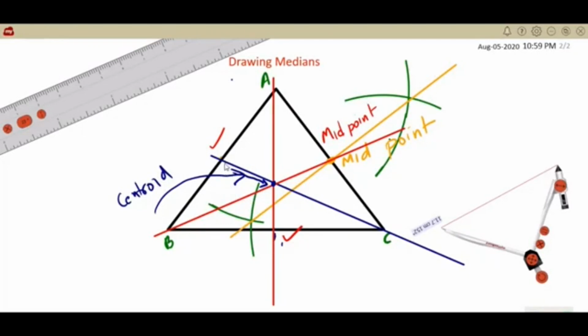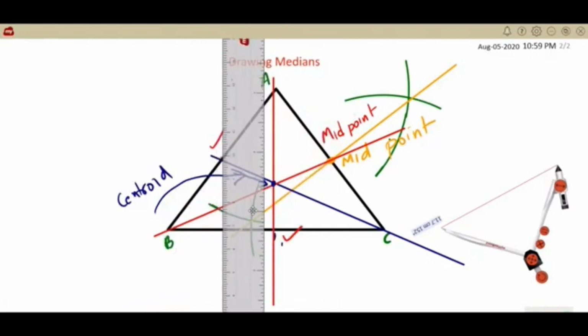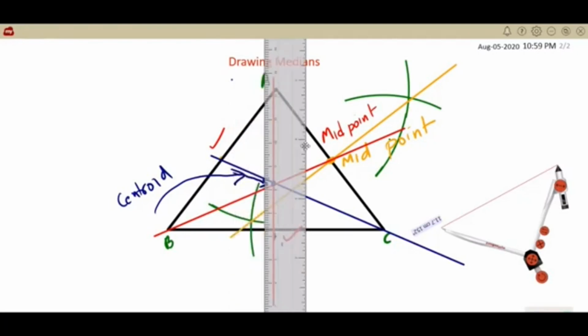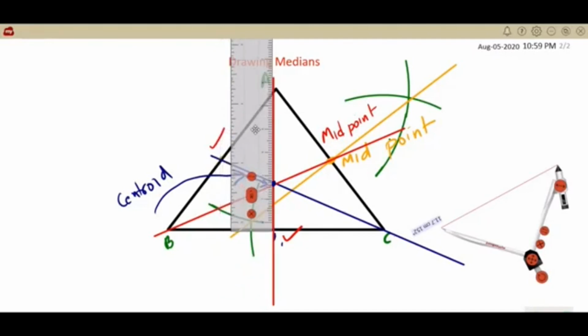There is an interesting point here. It is applicable for all triangles, that the medians meet at a point and we call that point the centroid, irrespective of whether the triangle is acute, obtuse, or right angled. Another interesting thing: if you measure the length of this line segment, I have not drawn it accurately, but even then you can see that almost to the centroid it is 2 centimeters, and the top part is 4 centimeters.